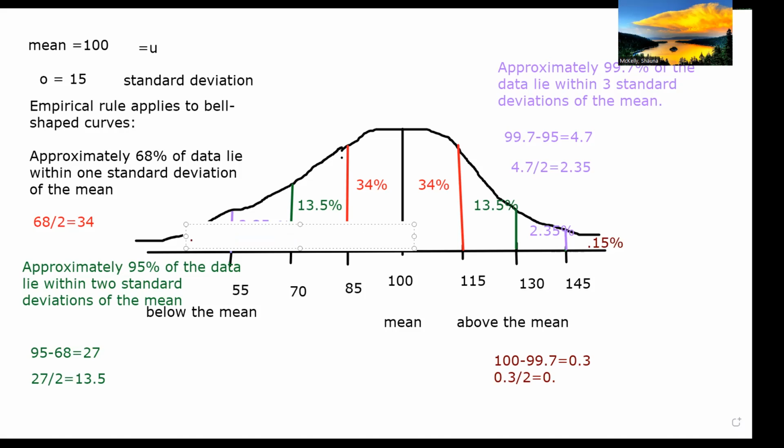This is 0.15%. Now, okay, so what do we do with our percentages? If these are decimals, then this becomes 0.34 without the percent, 0.34, and so forth, okay? But these are the empirical rules, the empirical rule with the percentages.